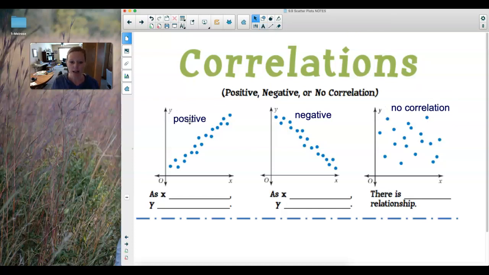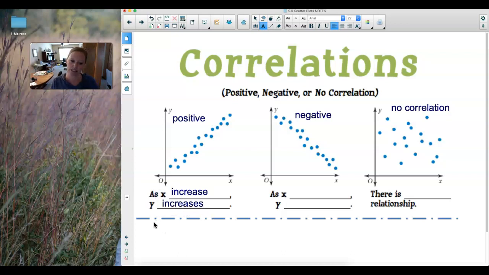Now, what does that really mean to you? With a positive correlation, you will see that the graph itself looks like it's going up from left to right. And what we would typically say is that as x increases, y also increases.